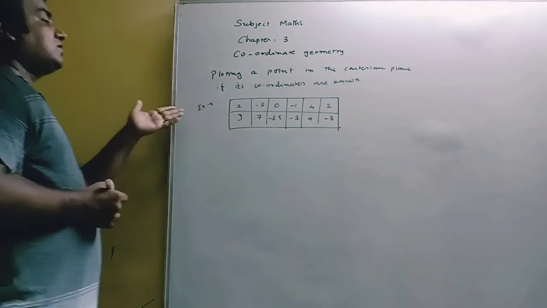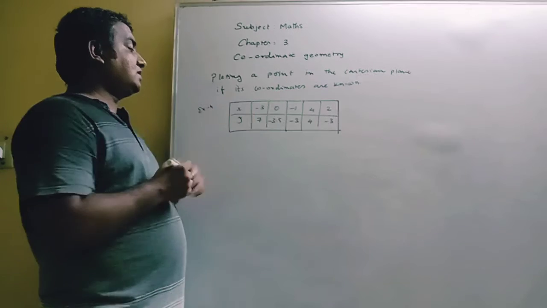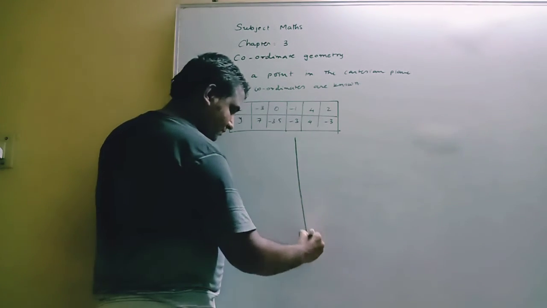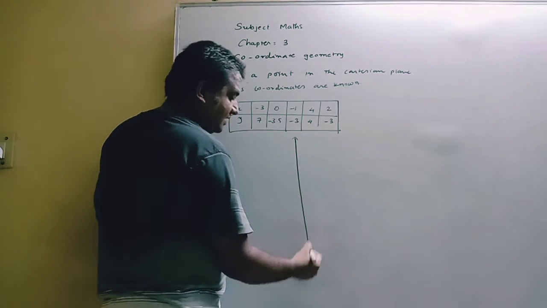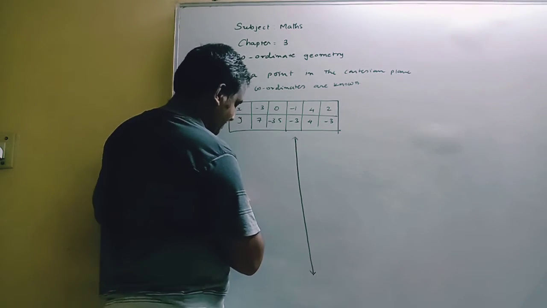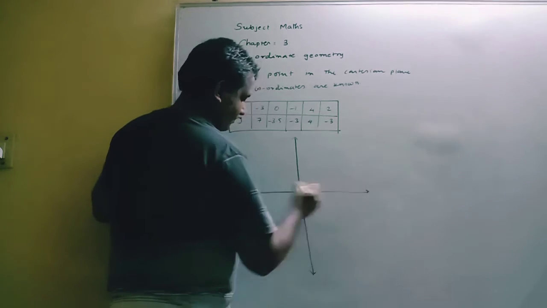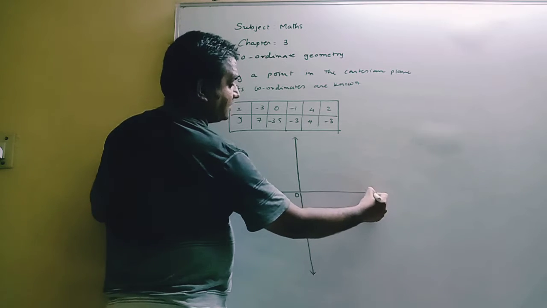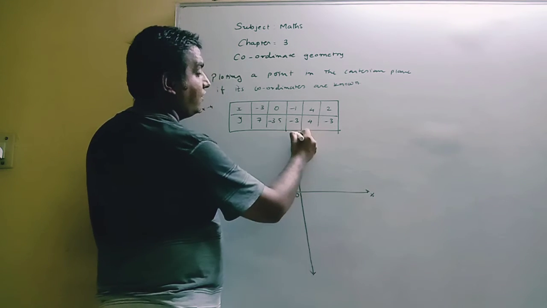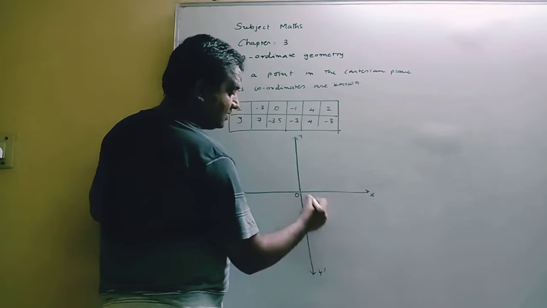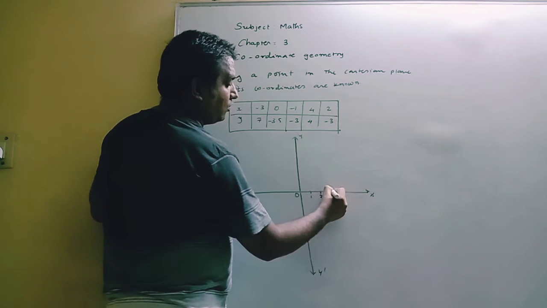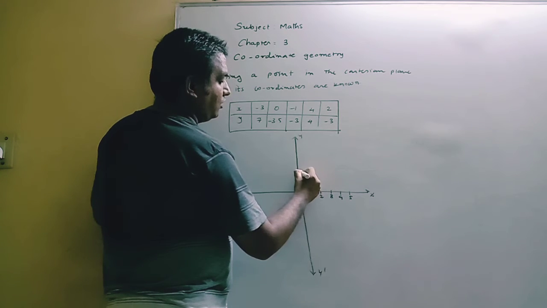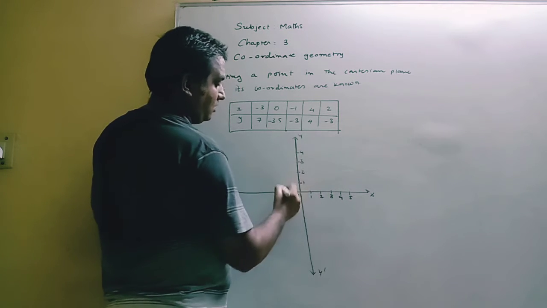Now we will mark these three points given: x coordinate -3, 7. So first we will draw the Cartesian plane: x-axis and y-axis, origin, X dash, Y dash. 1, 2, 3, 4, 5. 1, 2, 3, 4.